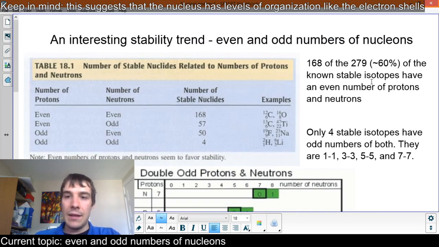Anyway, if odds and evens didn't matter, we'd expect 25, 25, 25, 25, because that's the same probability for each. But no, we get 60% of them being even. So the thought is that an even number is just kind of good, both for protons and for neutrons.